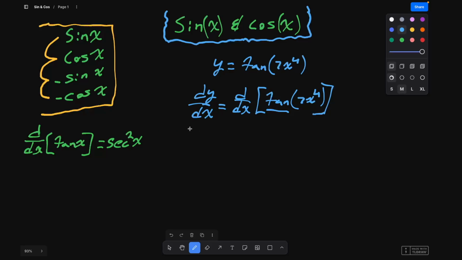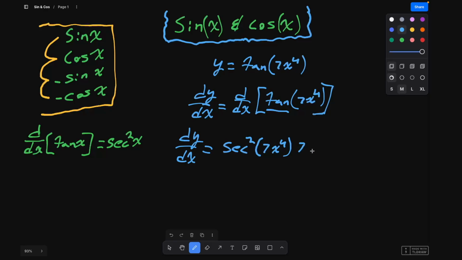So we have dy/dx equals secant squared. And now remember, we're following a chain rule, so we keep the inside the same: secant squared 7x to the fourth, and then times the derivative of our inside function.